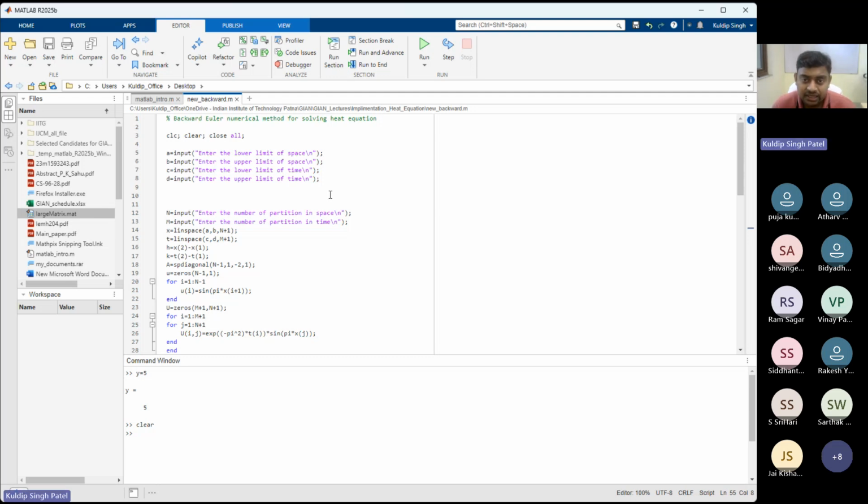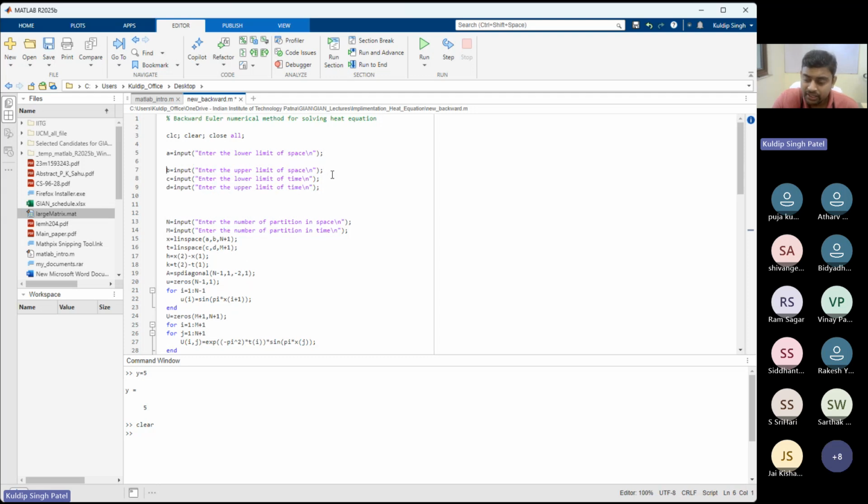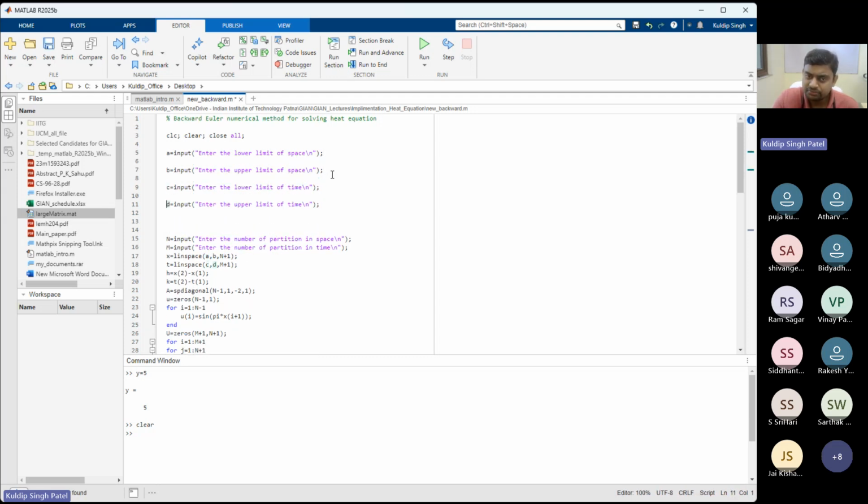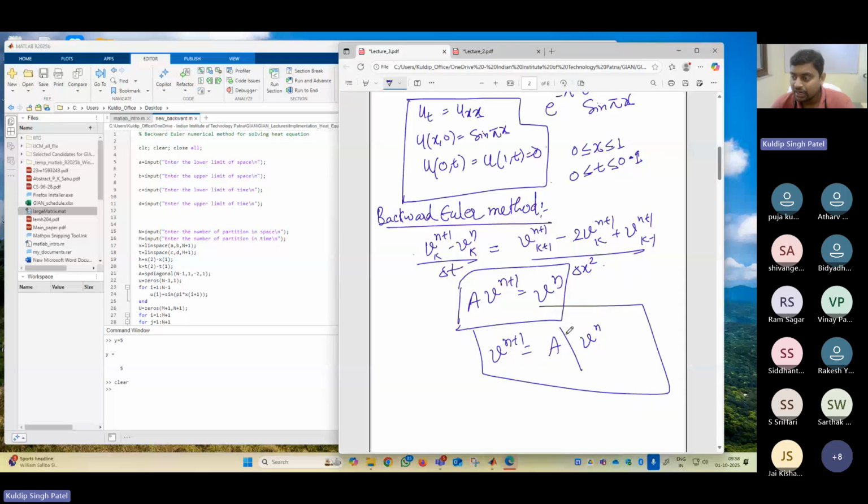So next is input. Usually in a differential equation, let me explain it so that it will be clear to you. The idea is that usually we have two variables here, right? u is a function of x and t.